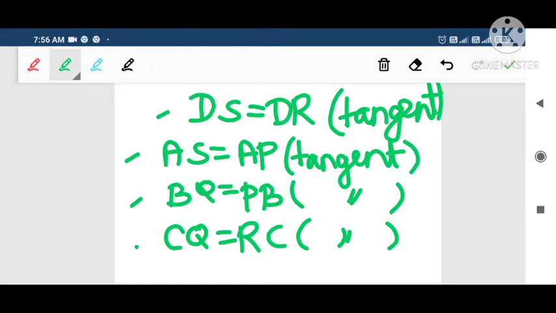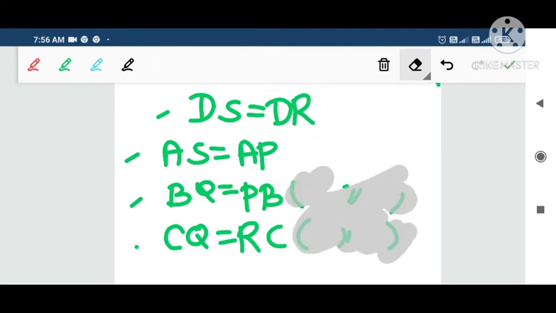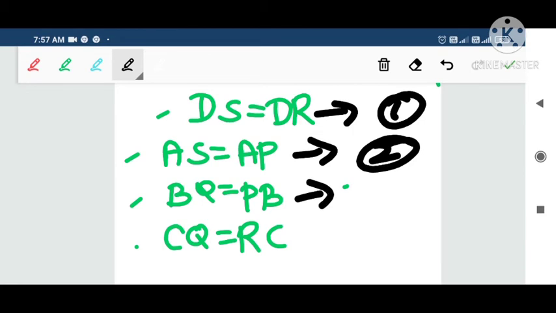I need to add all these equations. I take this as equation number 1, this as equation number 2, this as equation number 3, and this as equation number 4.